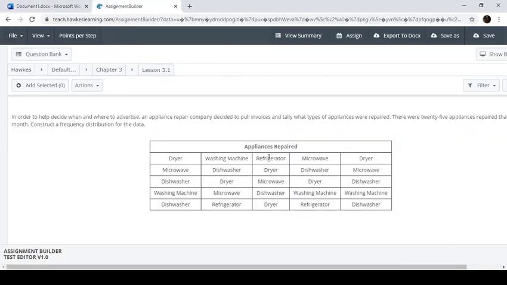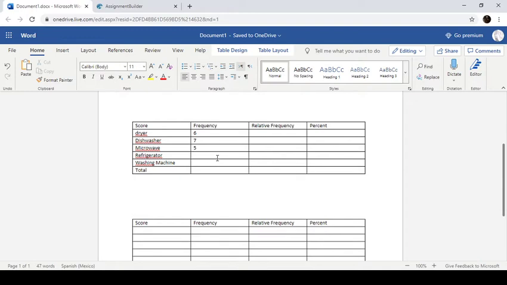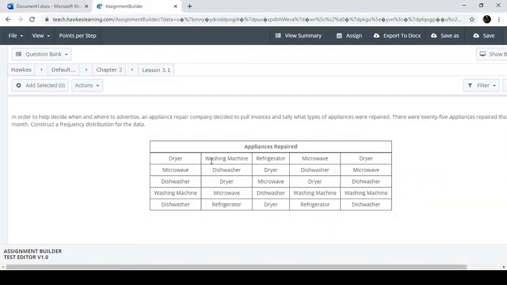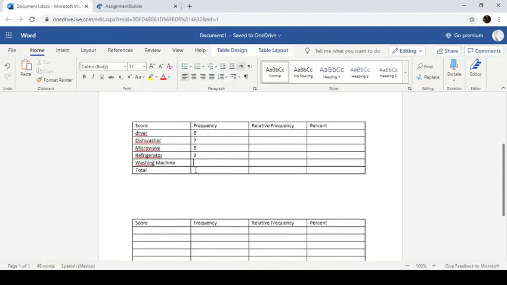Refrigerators. 1, 2, 3, just 3. And finally, washing machines. Whoops. So let's see, 1, 2, 3, 4, maybe just 4. Okay.